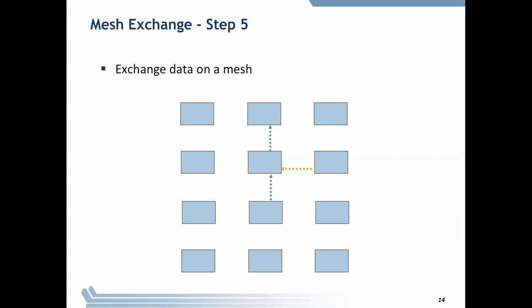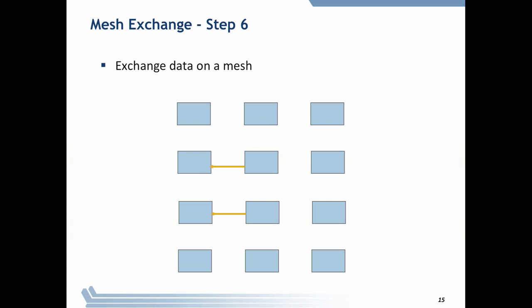Again, this is sort of half the rate and half the rate. And finally, in step 6, these last 2 processes, the ones with 4 neighbors, send to the left. So instead of taking 4 steps, this took 6, a slowdown of 50%.